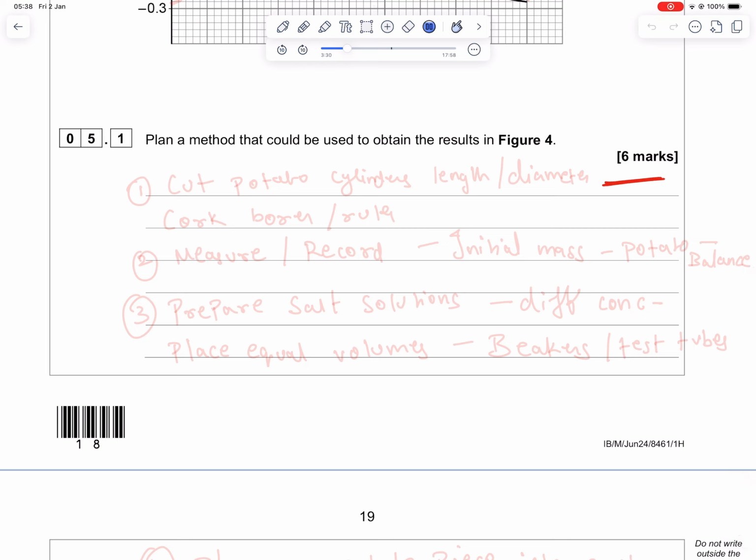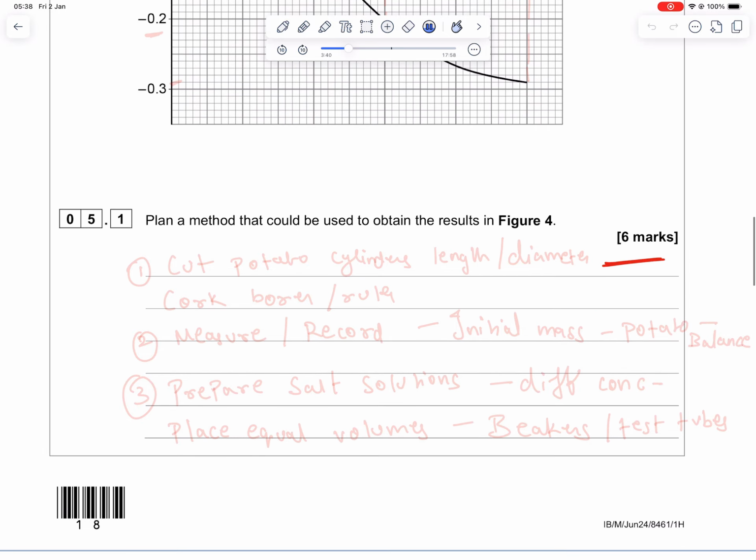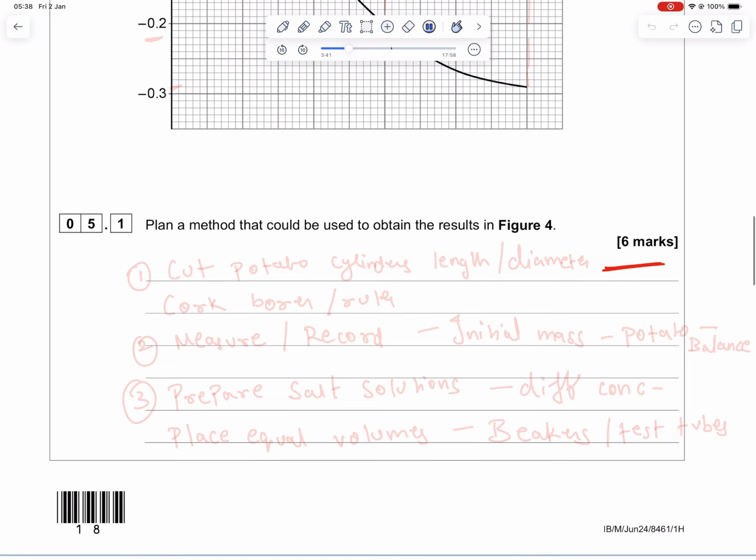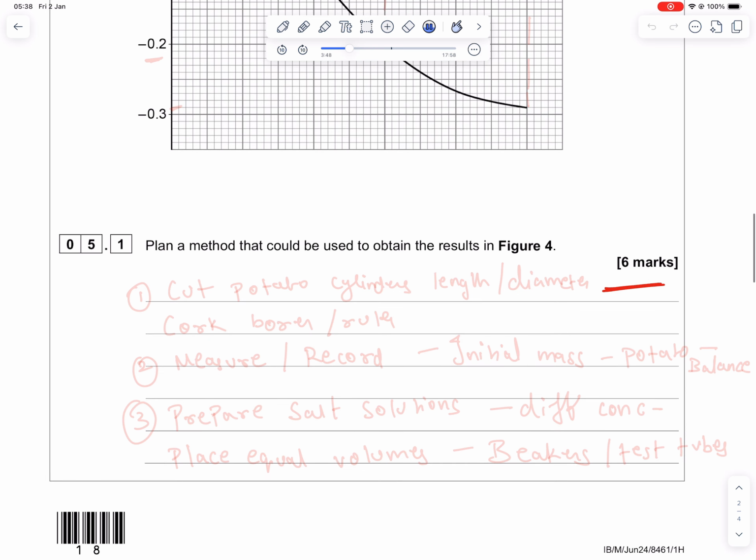That is why on the y-axis you're taking the mean change in mass of potato pieces. Let's say you're taking 5 potato pieces, putting them first in a concentration of 0.2 moles per decimeter cube, then you measure the mass change after 1 hour, and then you repeat that experiment for different salt solutions. So that's the gist of the experiment.